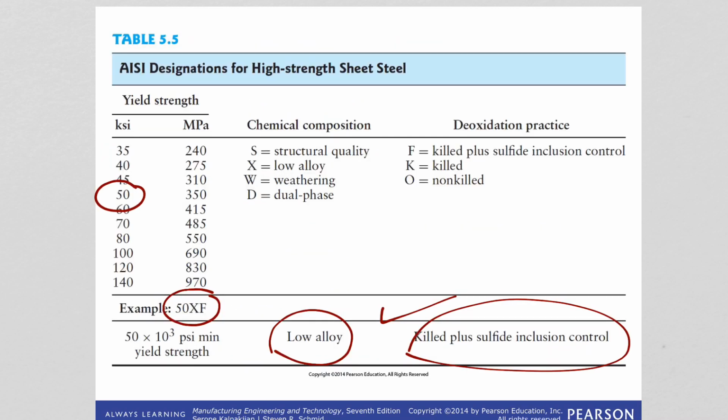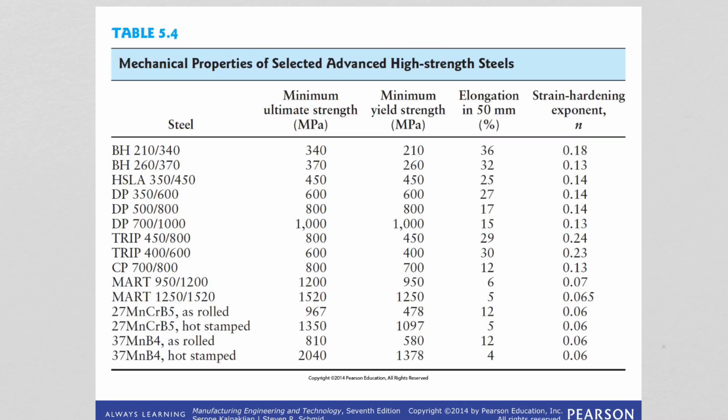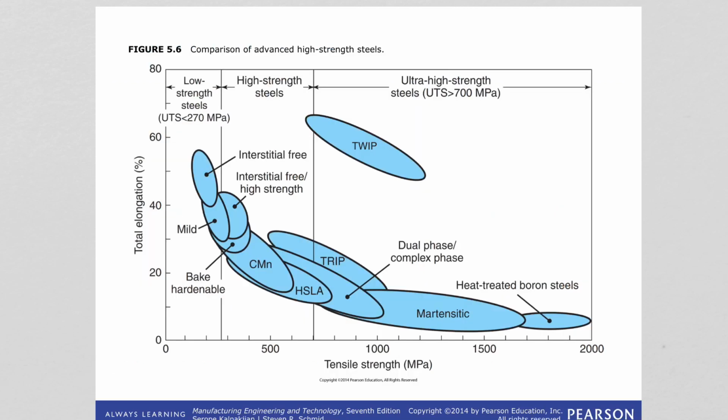Now we can look at these tables, then it will make more sense. This is just a table that gives us mechanical properties of some high strength steels. Now that we understand how the designation is done, different kinds of properties such as ultimate tensile strength, yield strength, ductility, and strain hardening exponent are given for these high strength steels. And this is also comparing advanced high strength steels.